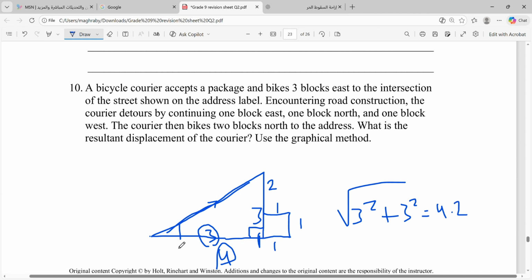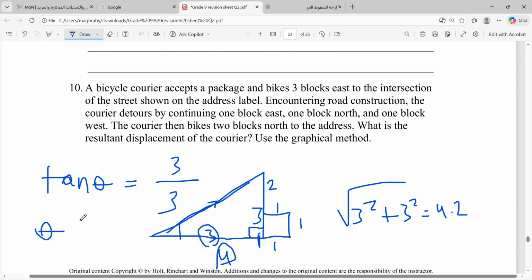Then we have to get this angle. We have the opposite and the adjacent, so we will use tan. Tan theta is equal to opposite, which is 3, over adjacent, which is also 3. But we don't want tan theta, we only need theta.